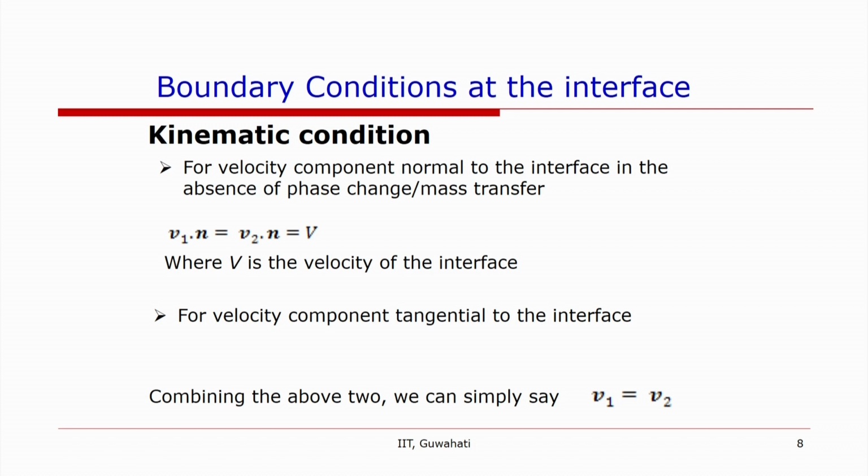So, as you might remember from a course on transport phenomena, you would have studied that for a two-phase two fluid system, the kinematic boundary condition, or the velocity boundary condition at the interface, is this: if there is no phase change or there is no mass transfer at the interface.